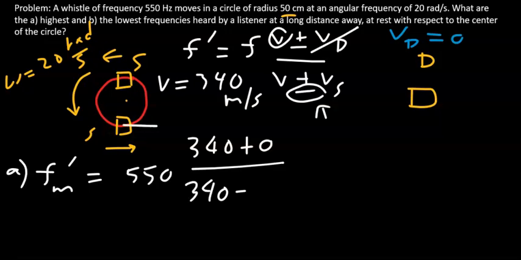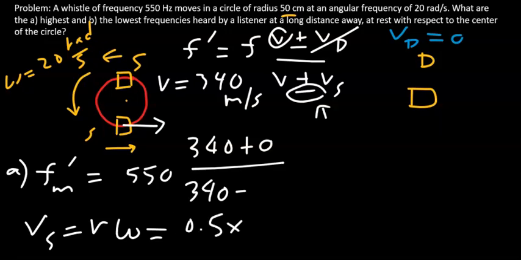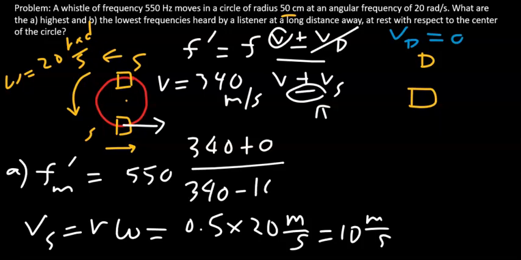The linear speed of that source, or the whistle, is simply the radius of the circle times the angular speed. The radius of the circle is 50 cm, so 0.5 meter. Omega is 20, and that's going to give you V sub S in meters per second, which is 10 meters per second. So you write minus 10 right there, and you get 567 Hertz for the answer.